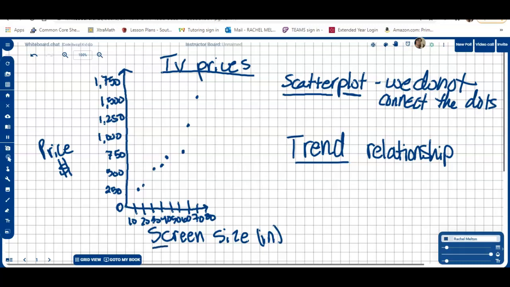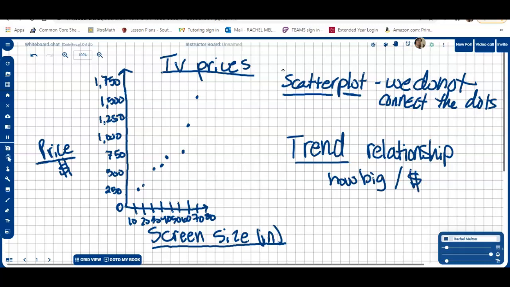Our x-axis is screen size in inches, so that's how big the screen is. And our y-axis is the price in dollars. So the two pieces of information that we're seeing if they have a relationship is how big the TV is and how much it costs.